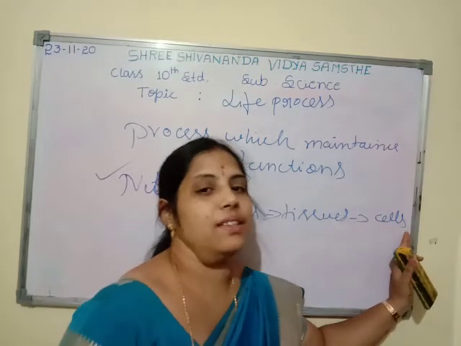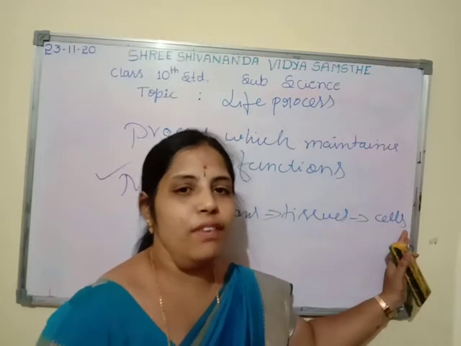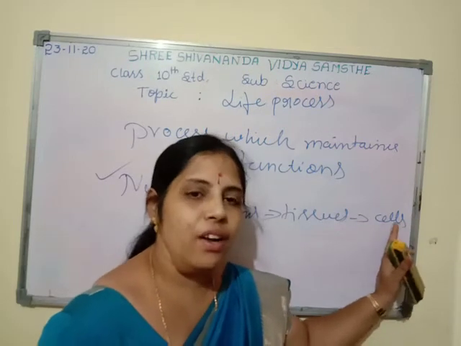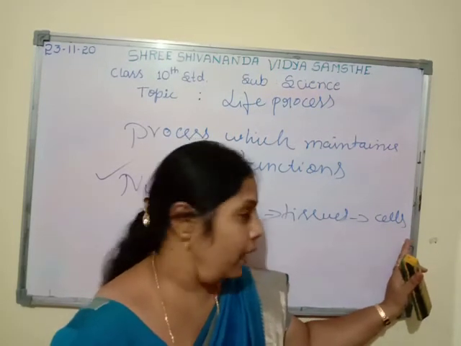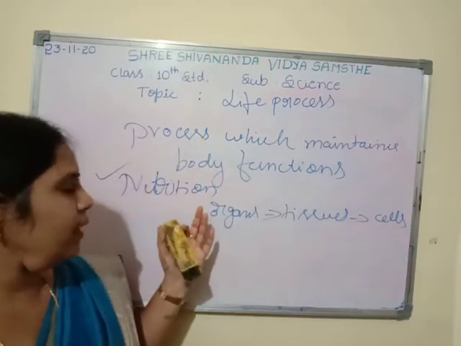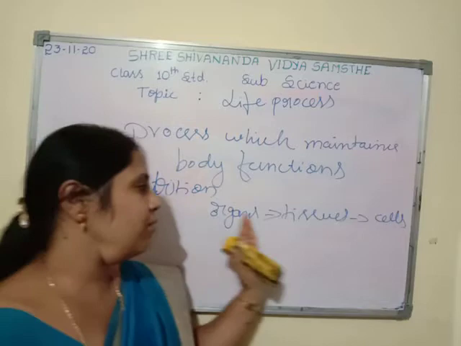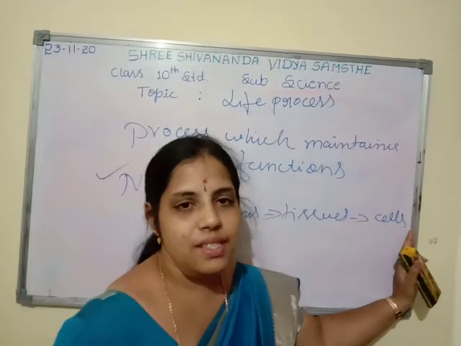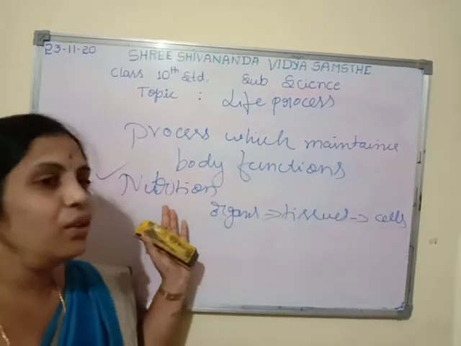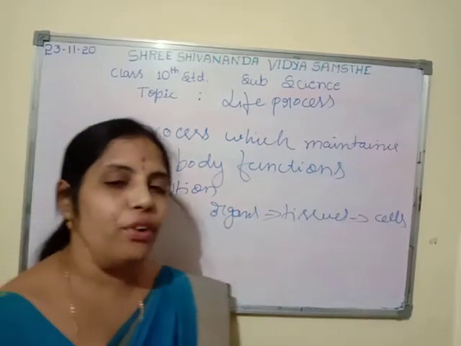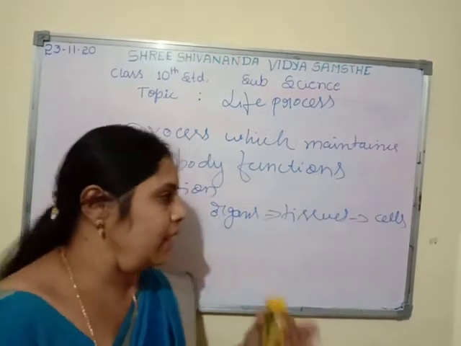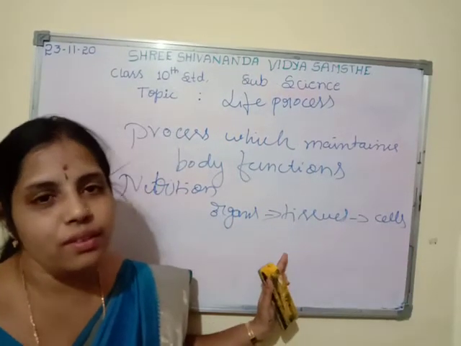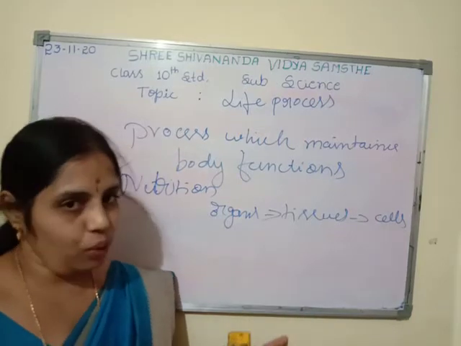All the body of a living organism is made up of cells, which are the structural and functional unit. So from the food we get nutrients, and these nutrients finally reach the cells. This process is known as nutrition. Underline this in your textbook.